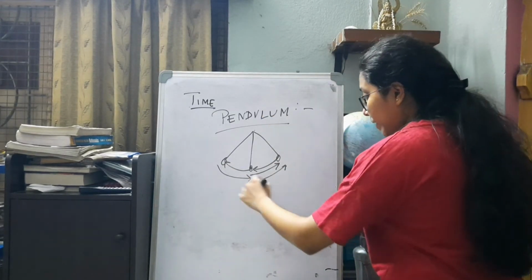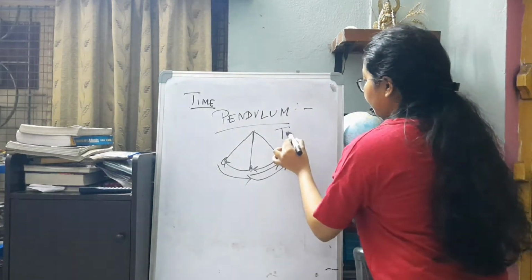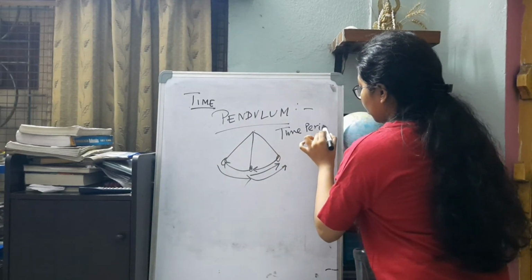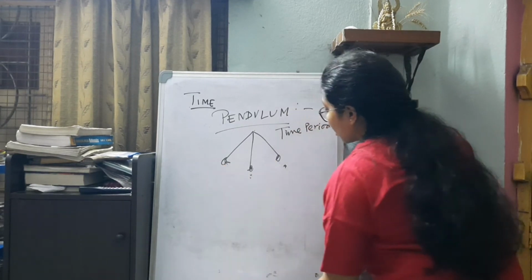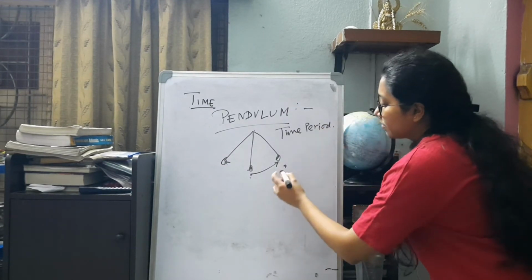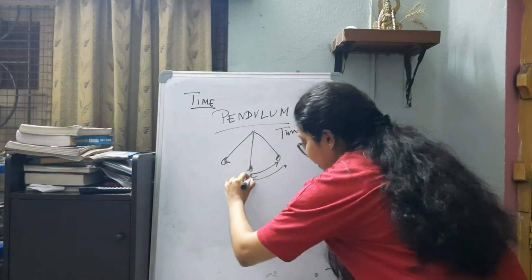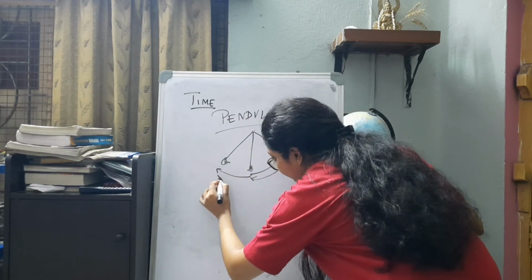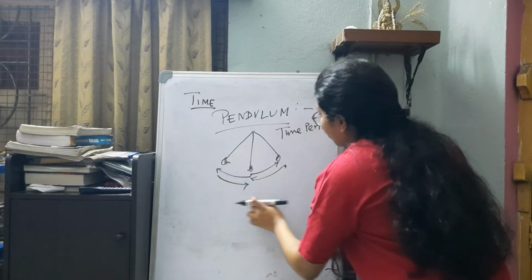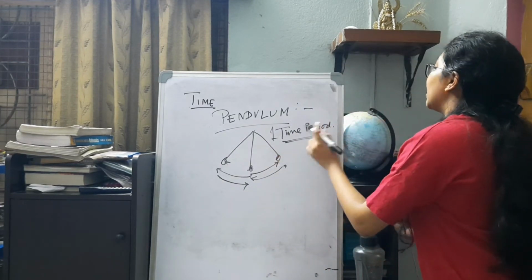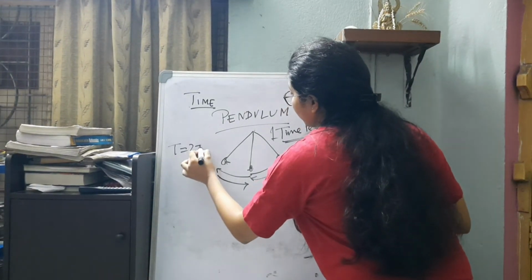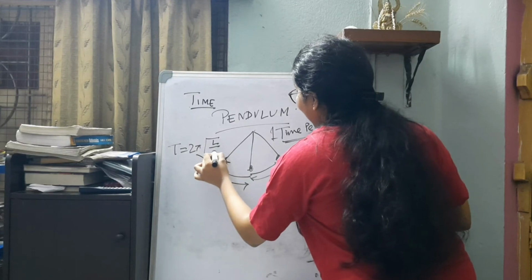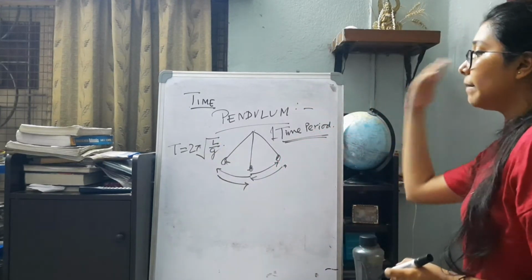This complete motion is its time period. I repeat: moving from this point to this point, returning back, then moving from this point to this point, and finally returning back. This entire motion is one time period. For the calculation of the time period we have a formula: T equals 2 pi into root under L by g. This is a very important formula for calculating the time period of a pendulum.